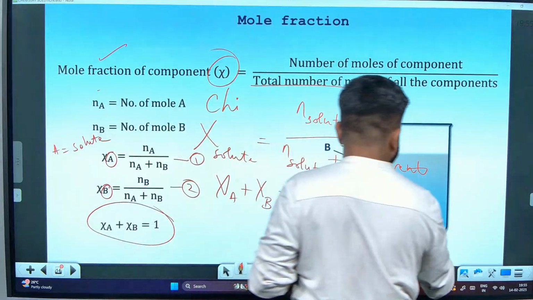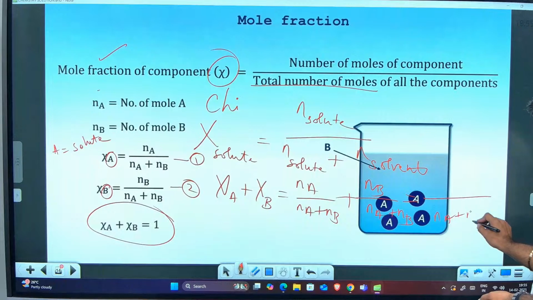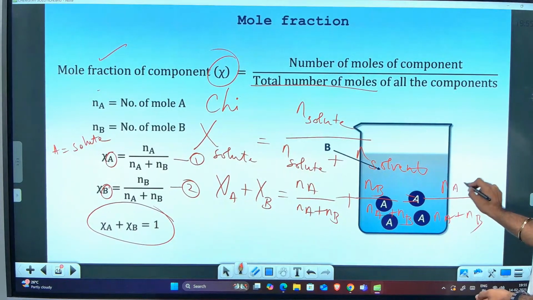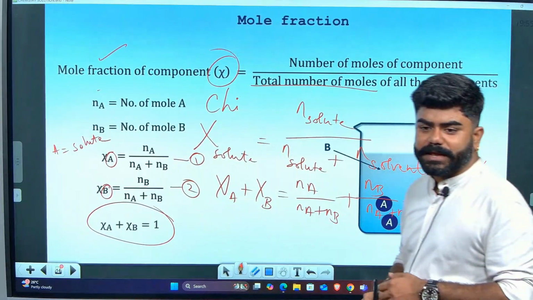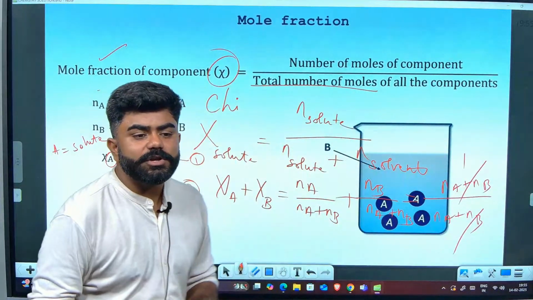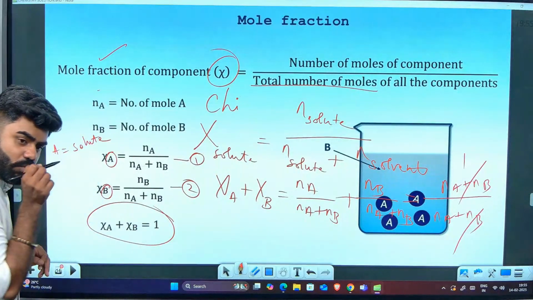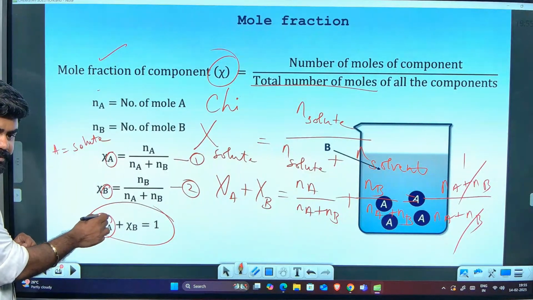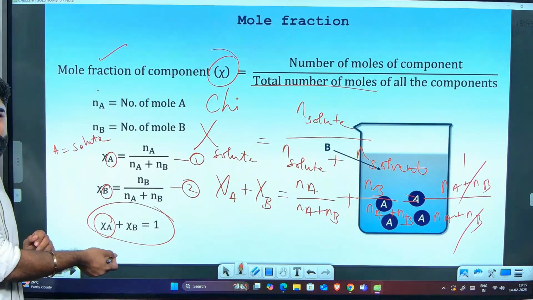Then what happens? The denominator is the same, no? Here you will add Na plus Nb. So it is 1. So psi A plus psi B is equal to 1. So from this, if you know psi A, you can find psi B. That is 1 minus this value will give you psi B.